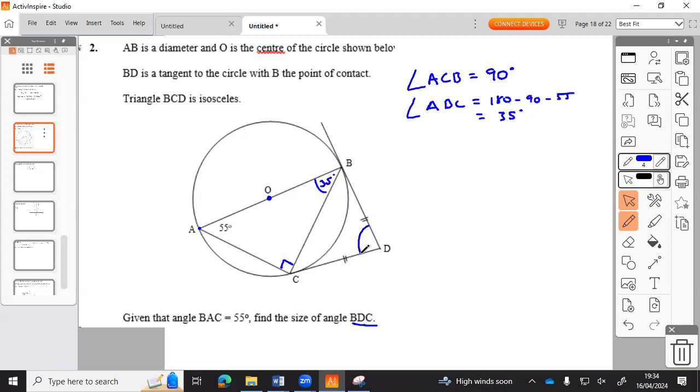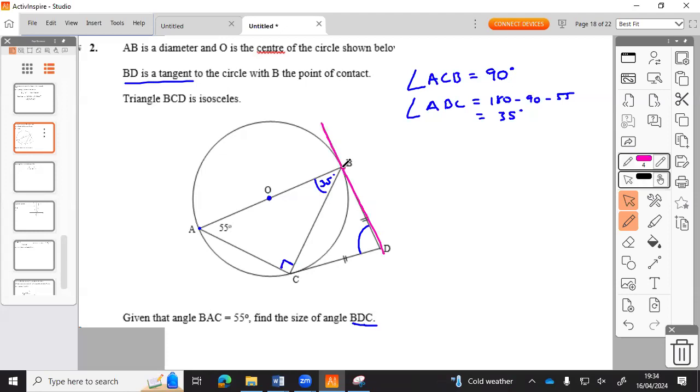BCD is isosceles, BD is a tangent. So what else have we got? BD is this line here, the line on the outside.